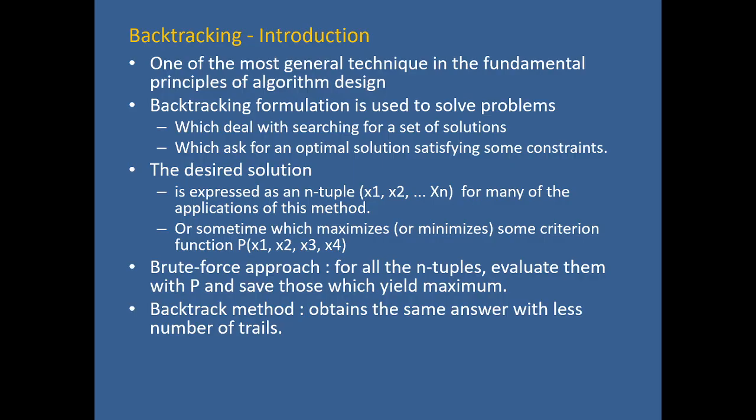So it's a variable length tuple based on the problem you are solving. Based on what you are solving, this tuple may contain unique numbers or the numbers may repeat. It's completely dependent upon the problem we are going to solve.